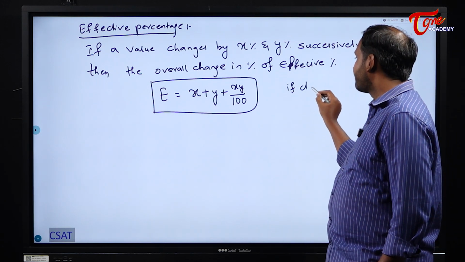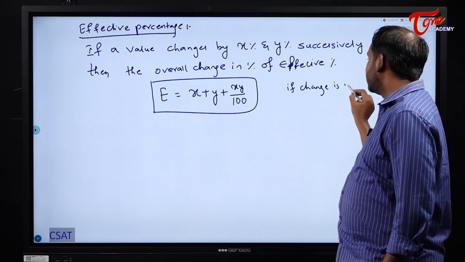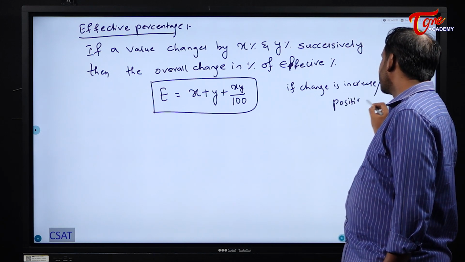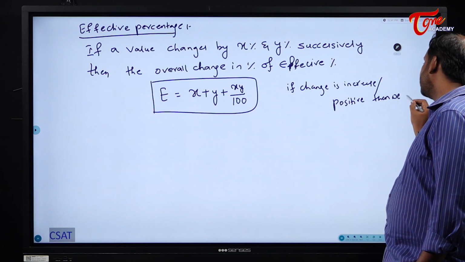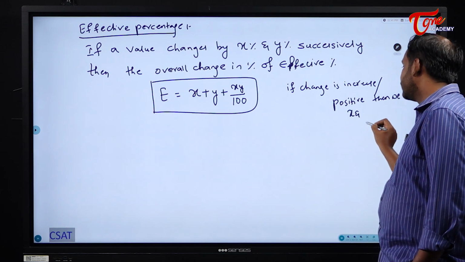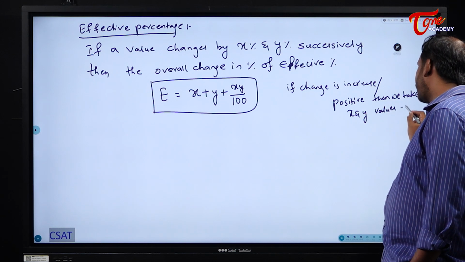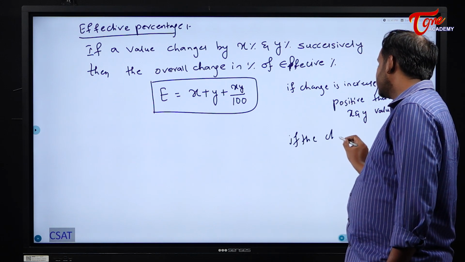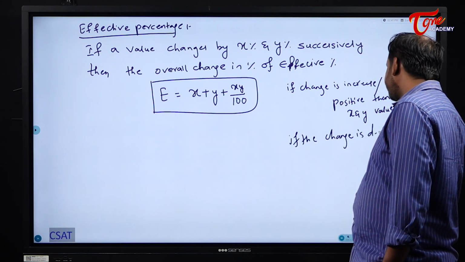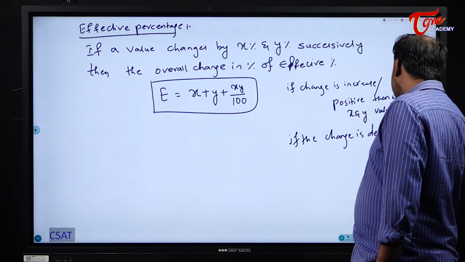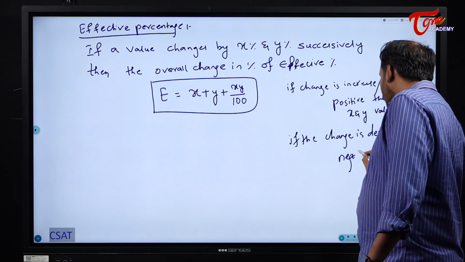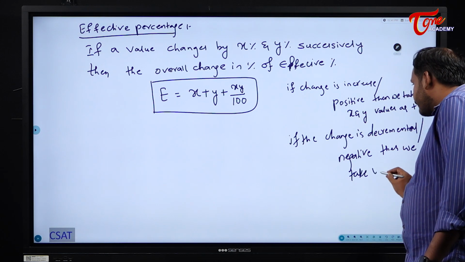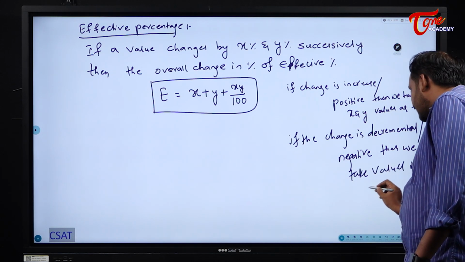If the change is an increase or positive, then we take X and Y values as positive. If the change is decremental or negative, then we take the values as negative.